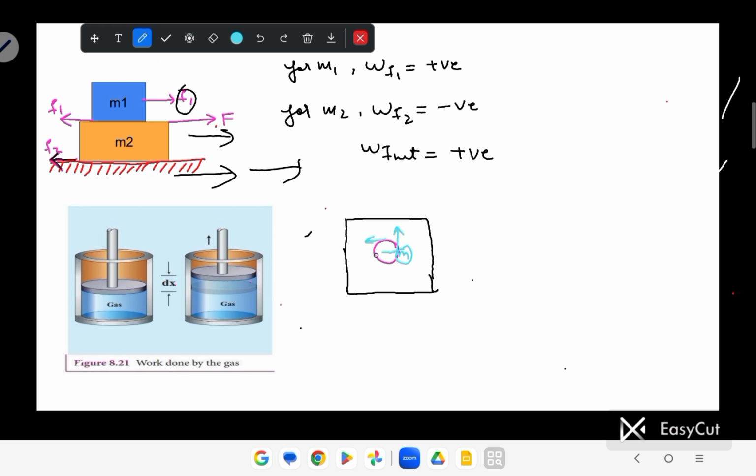So this will be the direction of that thread that is moving.